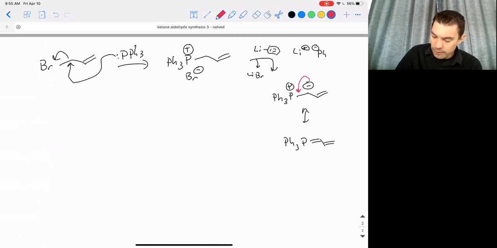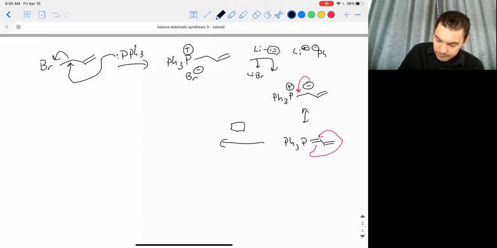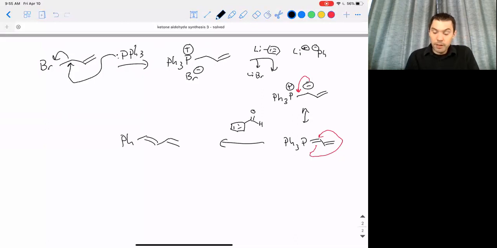And going the other way, it would just be this arrow going all the way around back to there. All right, so using that, we can use our benzaldehyde starting material and complete the Wittig reaction. So that would give us this phenylbutadiene, and that would be a great start potentially.